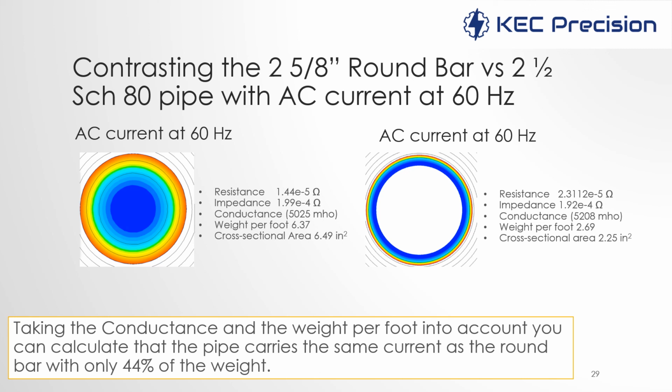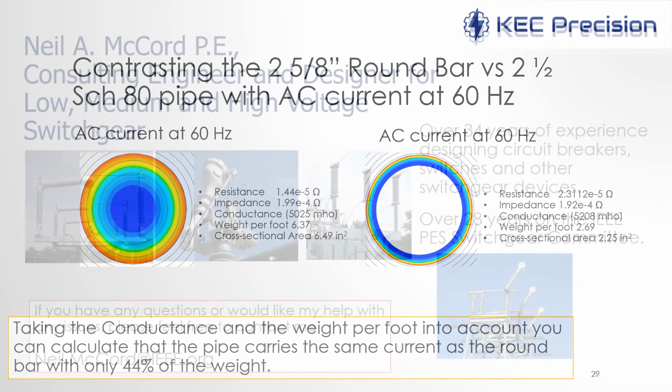You can see in the left view that the resistance and the impedance are different because of the 60 hertz, but you'll notice in the right view that the resistance is a lot higher, but the impedance is actually a very small amount lower. This is due to the AC current at 60 hertz. When you take the conductance and the weight per foot into account, you can calculate that the pipe carries the same current as the round bar with only 44% of the weight.